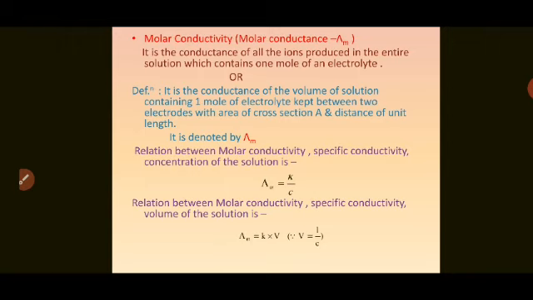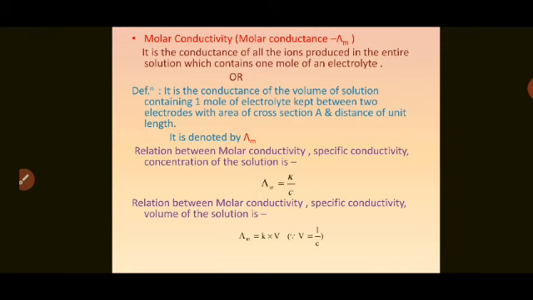If we take the electrolytic solution as 1 mole, whichever the electrolyte may be, and keep the quantity the same, we can measure its conductivity very easily. Hence we study the new term, molar conductivity, which is also called molar conductance. It is denoted by lambda.